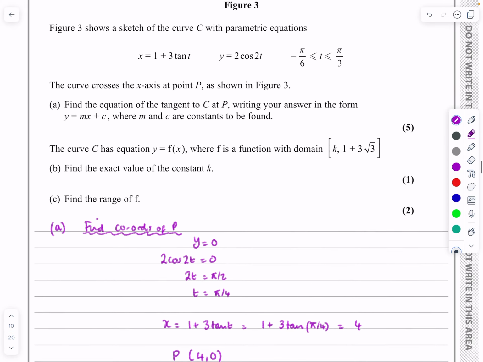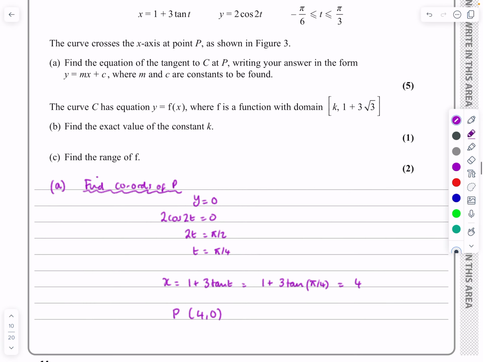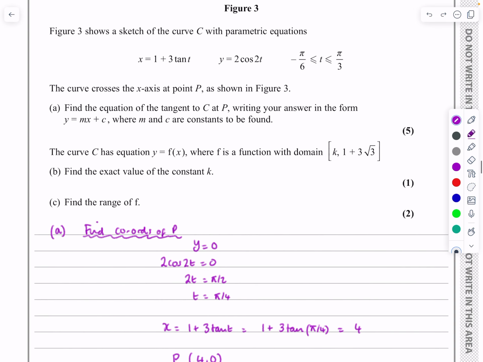Right, let's go back and look at part B, or part B and part C. Now, use your exam craft here, guys. This is only worth 1 mark and this is only worth 2 marks. So I'm going to spend quite a bit of time teaching here, but actually if you want to put these values in, part B says, what's the domain of this function? What's the minimum x value? And they're telling you the maximum x value here.